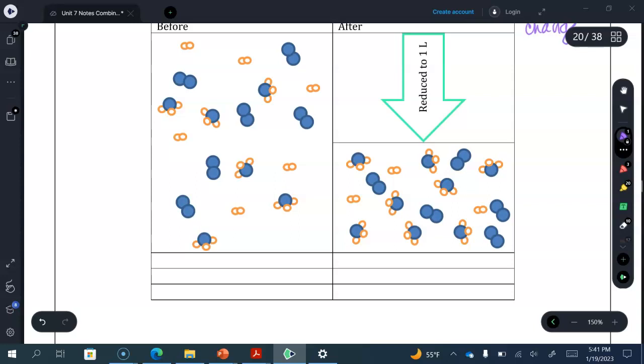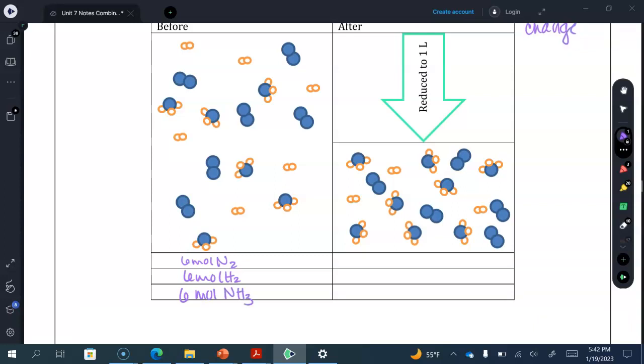When we count here, we see we have 6 moles N2, 6 moles H2. And if we count, there's 6 of each one. So that was nice that they made it match and mirror. Then when we go over to the other side, we should see an increase in the amount of ammonia, which is 1, 2, 3, 4, 5, 6, 7, 8. So there are 8 moles of ammonia, which is increasing.